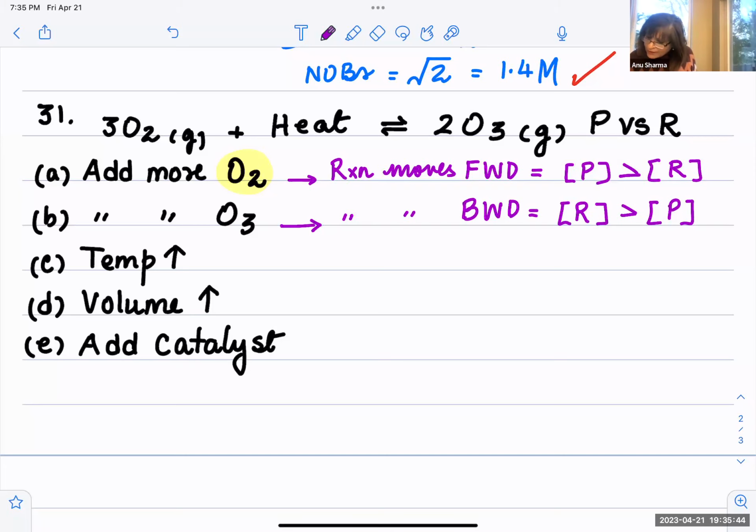Okay, now what happens when you apply a change to the heat, the temperature? Heat is also a part of the reactant. So heat is also a reactant. So an increase in temperature means an increase in heat, which means an increase in that reactant.